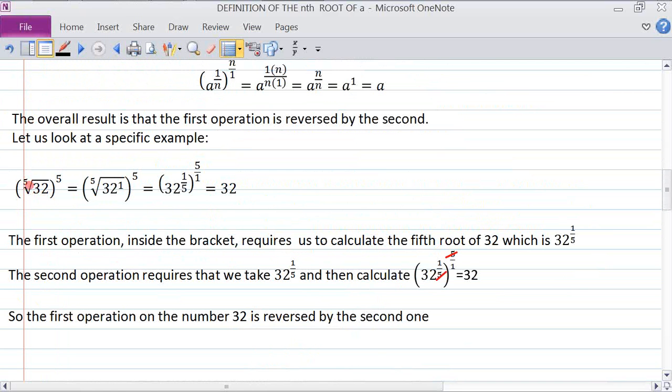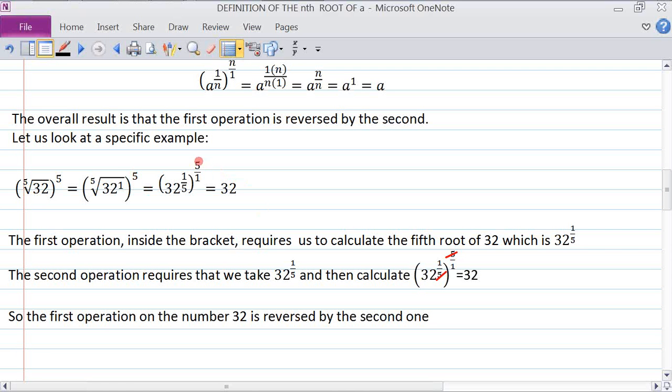So let's look at an example here. We've got the 5th root of 32. Now remember what I said, instead of 32, we write 32 to the power 1. That's what it means. If I just write 32, it means 32 to the 1. We're taking the 5th power. I said you take this number and divide it by that, which is what I did right over here.